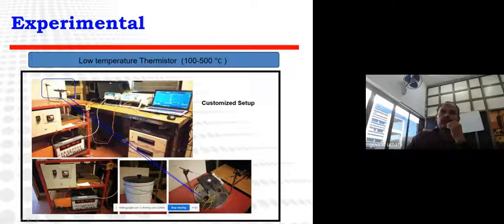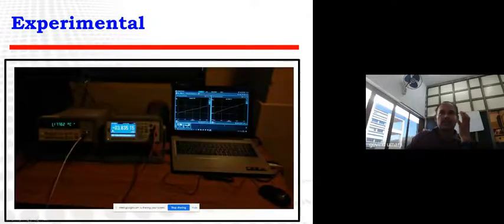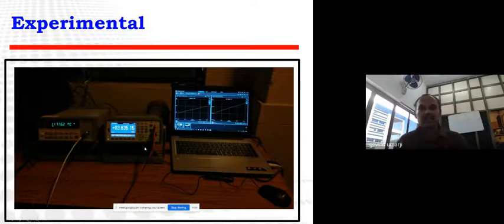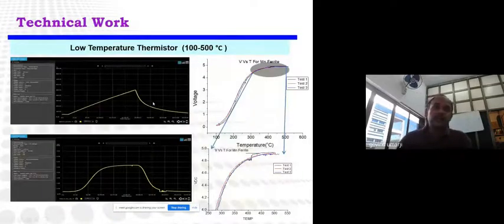We have customized it to get more precise data in order to have a better data sheet. One meter measures the temperature, another meter measures the resistance based on the variation in the temperature. And these are the two graphs we have taken from the data acquisition system.